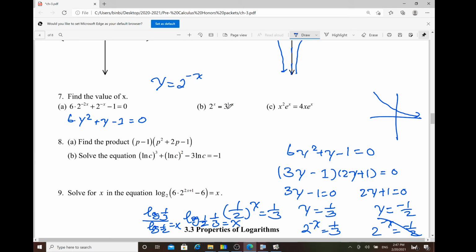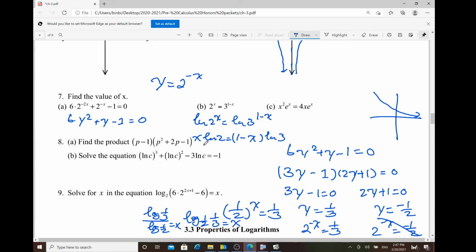So in order to bring all the x terms together, well, this one is a little bit difficult because they don't have the exact same base. So what we can do is take either the log on both sides, or the natural log on both sides, and using the properties of logarithms, bring down the power. So we get x natural log of 2, and then 1 minus x natural log of 3.